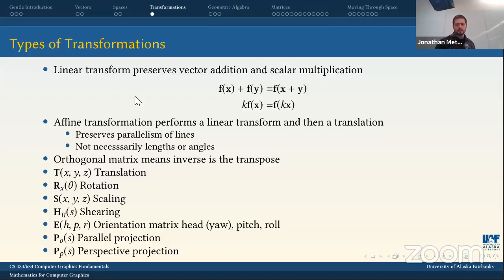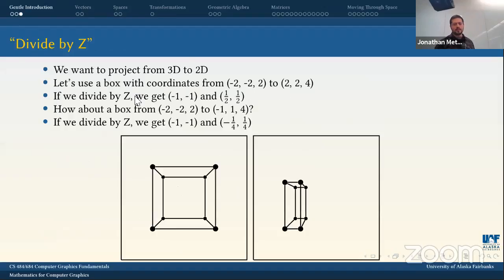If we go back a couple of slides, can anybody guess, because there are matrices that do this particular thing, is this an affine transformation? Think about how we started out, where we have two cubes or two rectangular boxes. Would this be an example of an affine transformation?